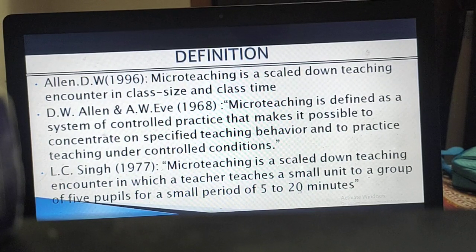At that moment the teachers have to face different types of problems, because many students come from different types of environments, and there are individual differences. In that situation, the teachers have to face difficulty.